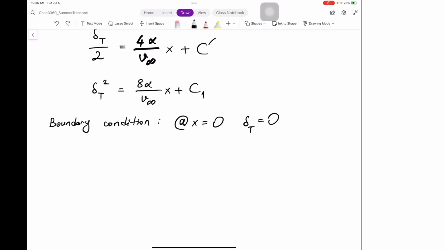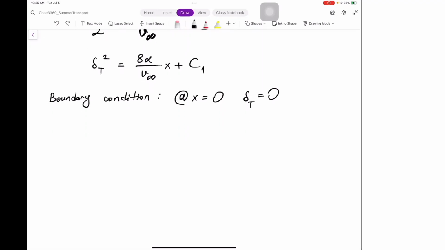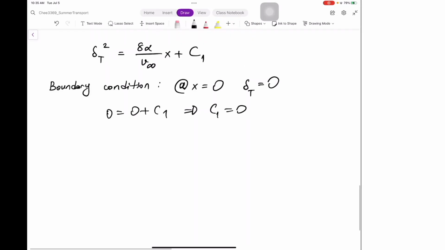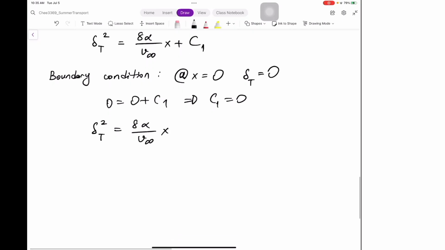That's the boundary condition. So this gives you 0 equals 0 plus C1, and from here C1 is equal to 0. So what we found is delta T squared is equal to 8 alpha over V infinity x.